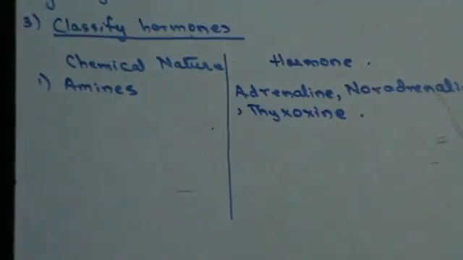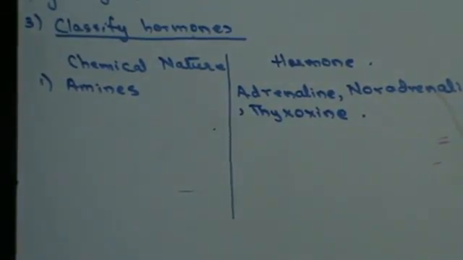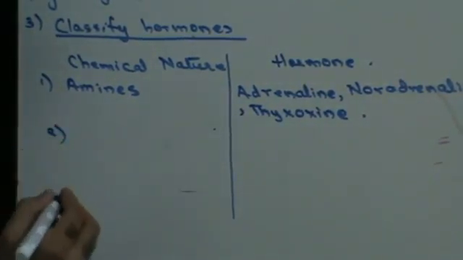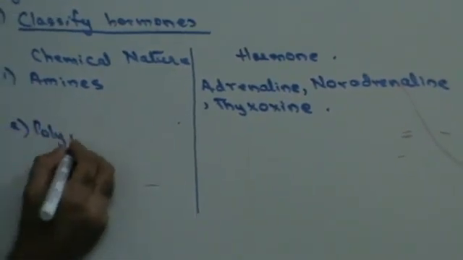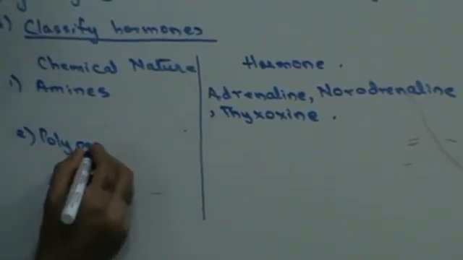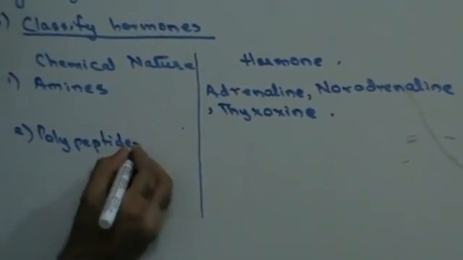These are three hormones that contain amines in them. Next, the second classification is polypeptides. In short, proteins.